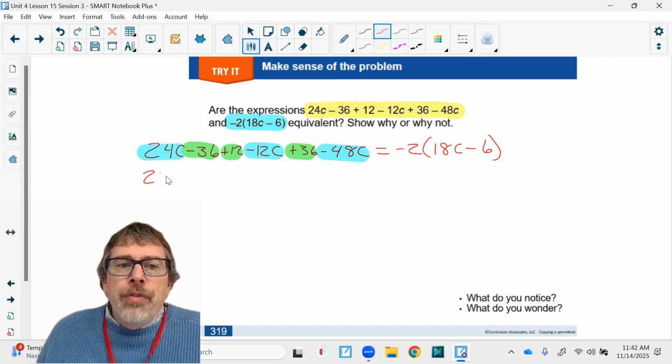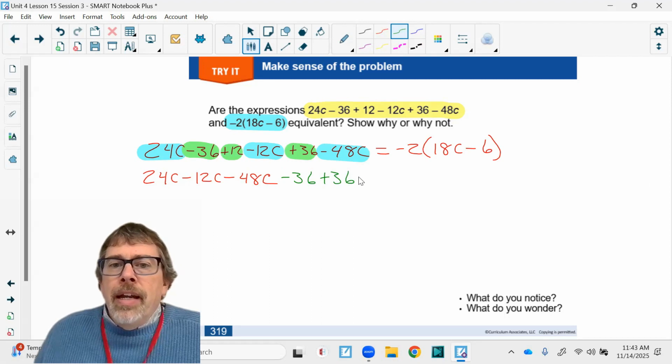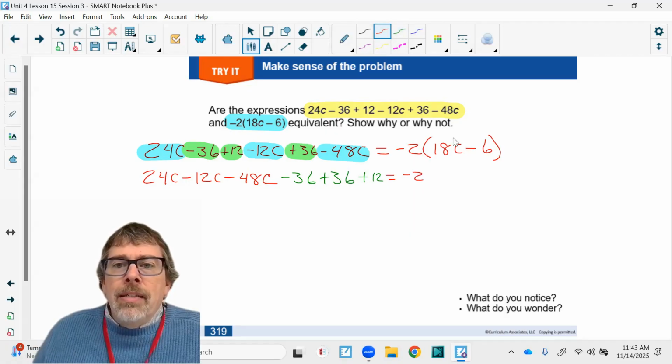So I'm going to write 24c minus 12c minus 48c. And then I'm going to do the constants. So negative 36, and I see a plus 36 here. So I'm going to put those next to each other for a certain reason. And then I have plus 12 over here. And then finally, these all have to equal negative 2 times 18c minus 6.